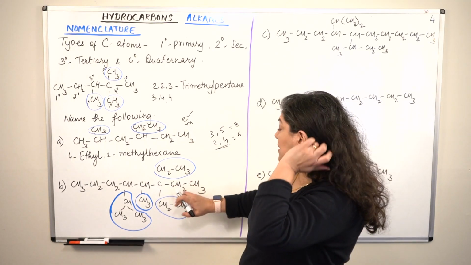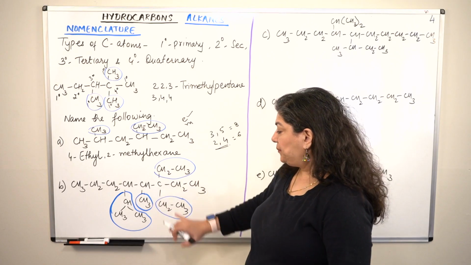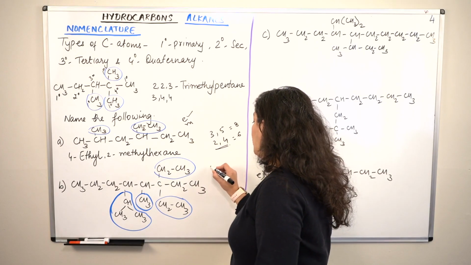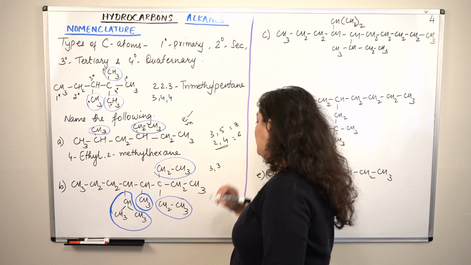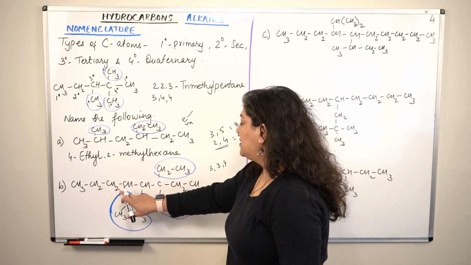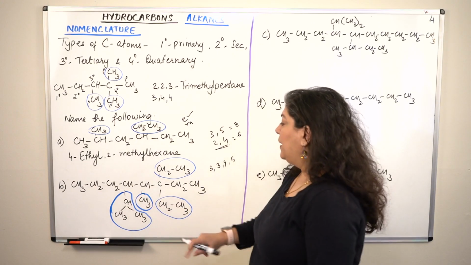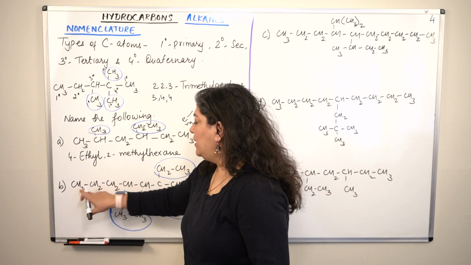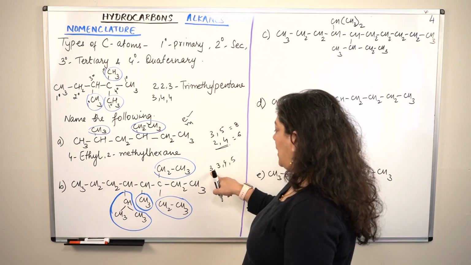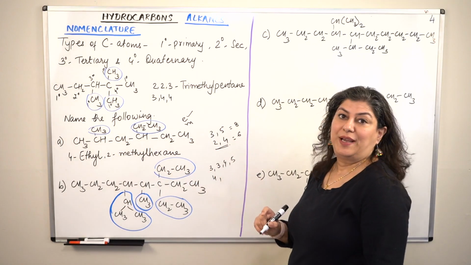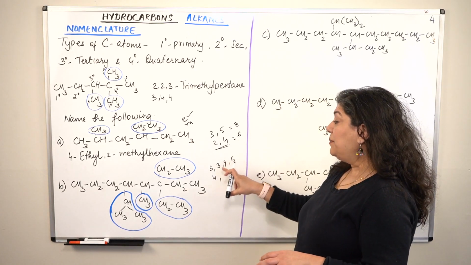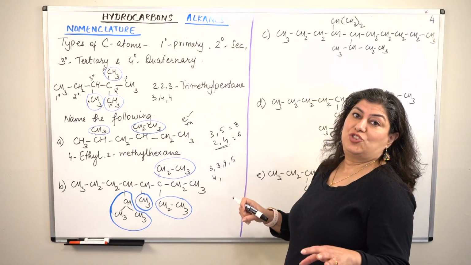So if I count from this direction, 1, 2, 3. On the 3rd carbon there are 2 substituents. So the 2 locants will be 3 and 3. This is the 4th carbon, so it will be 4, and this is the 5th carbon, so it will be 5. If I count from this side, 1, 2, 3, 4, the first locant I get is 4, which is higher than this. This itself gives you an idea, but still, why do we find out all the locants? Because ultimately, the sum of all of these should be lower.